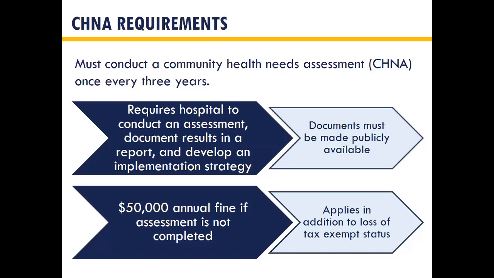But this $50,000 penalty is specific to the community health needs assessment, and it can get applied in addition to loss of tax-exempt status, or it can be applied even if the IRS doesn't feel that revoking tax-exempt status is appropriate. They still can apply and do apply this $50,000 fine. So that is something to really be aware of, and I'll explain later situations where we are seeing this penalty being assessed.